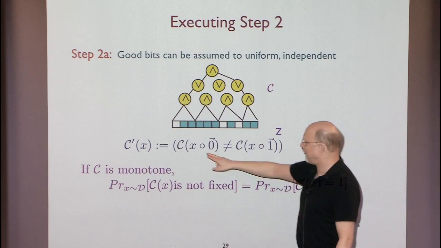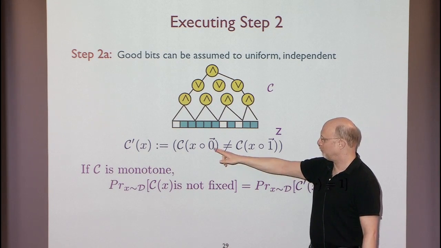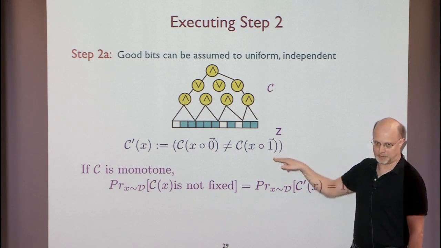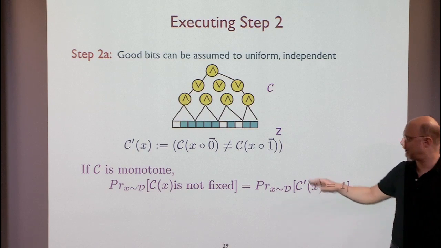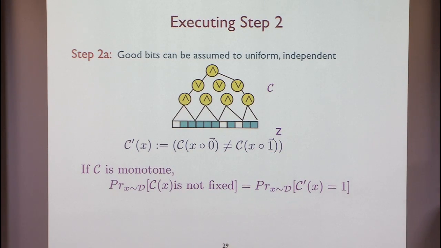Well, for a monotone circuit, we can easily tell whether the function is fixed after setting all the other values. Because x sets the good bits. Now, to see if the adversary has any control, we just need to substitute in the all 0 string and the all 1 string for the remaining bits. If those 2 strings give equal values, then since it's a monotone function, it doesn't matter what the adversary does; it's still fixed.